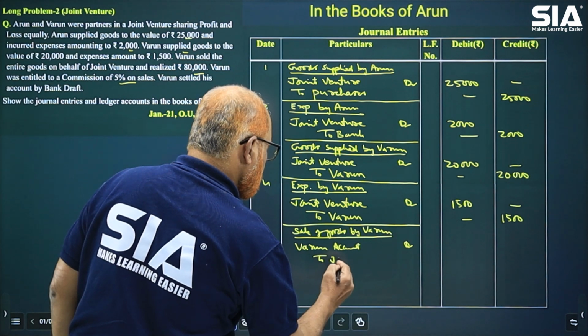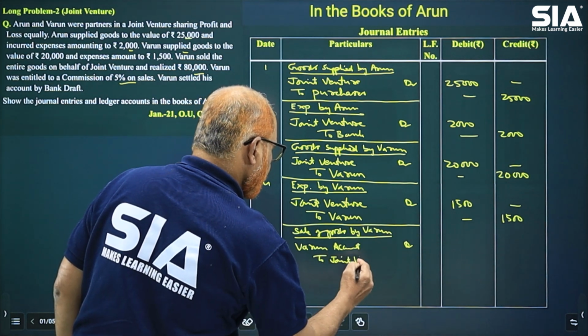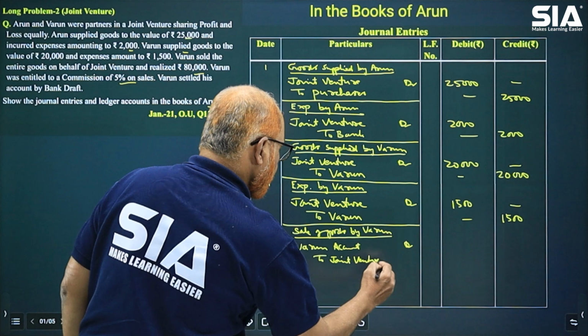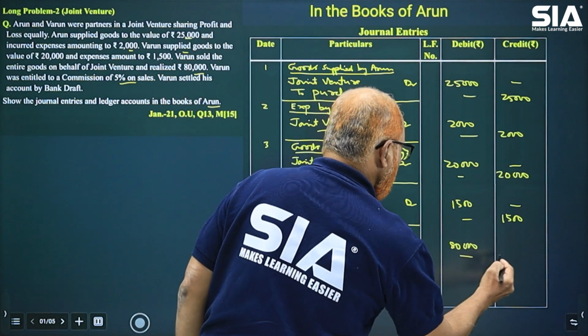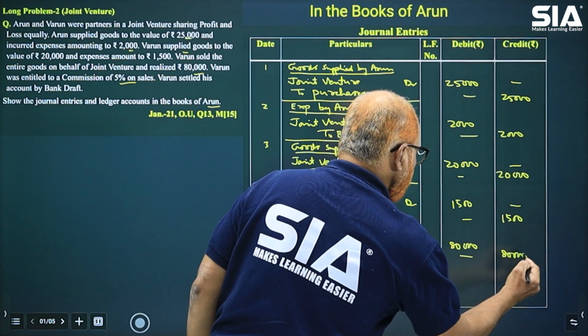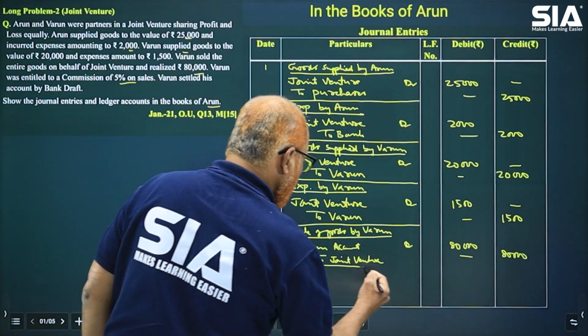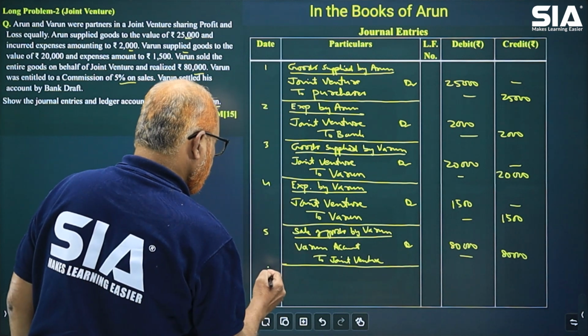How much worth of goods? 80,000. Being the goods sold by Varun.